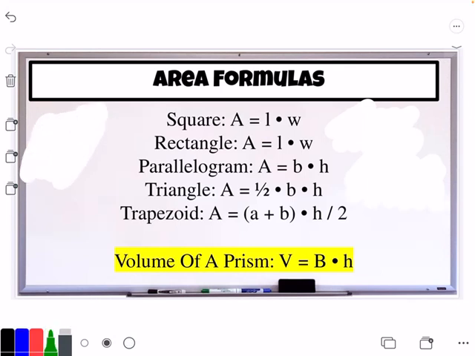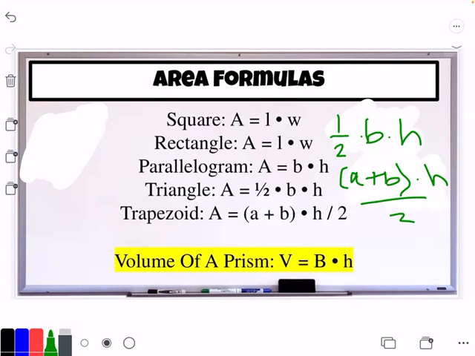For a triangle, that would be 1/2 times base times height. And for a trapezoid, that would be A plus B, so side A plus side B, times the height all over 2. So these are very important area formulas that you need to know in order to continue with this lesson.